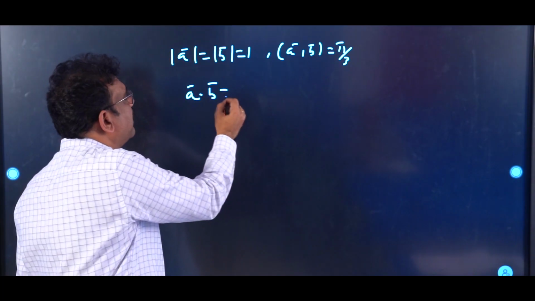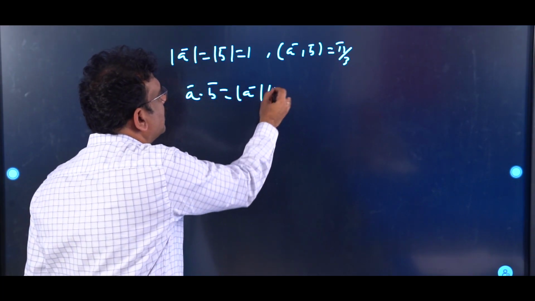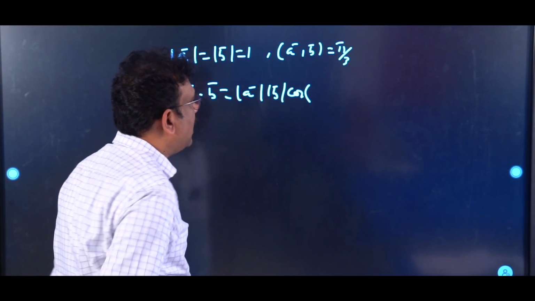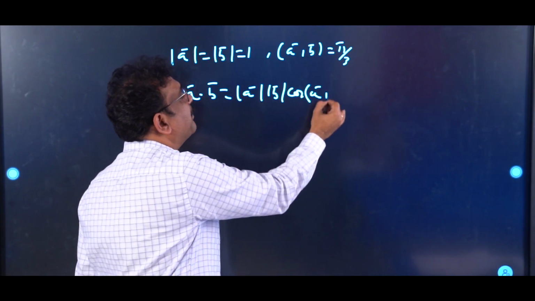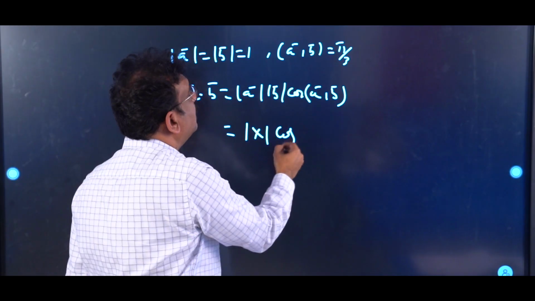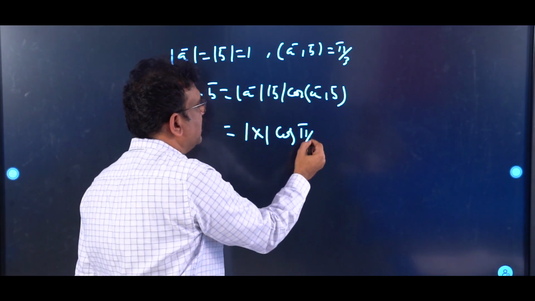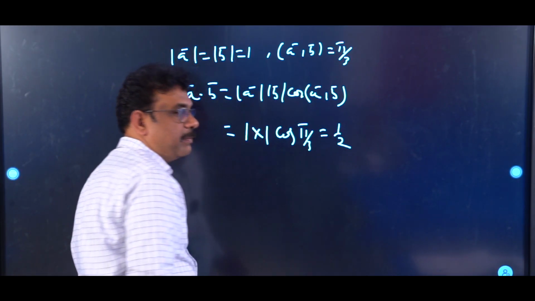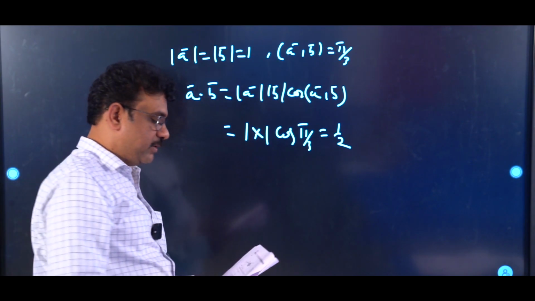Now here find first a bar dot b bar. A bar dot b bar is equal to modulus of a bar, modulus of b bar, cos of the angle between a bar and b bar. That is 1 into cos 60, that is 1 by 2. So a bar dot b bar equals 1 by 2.